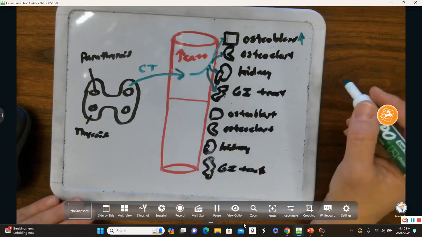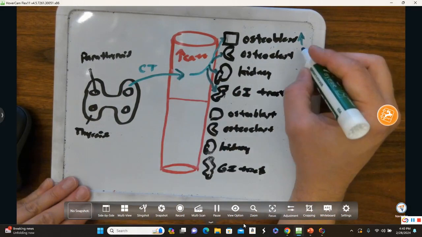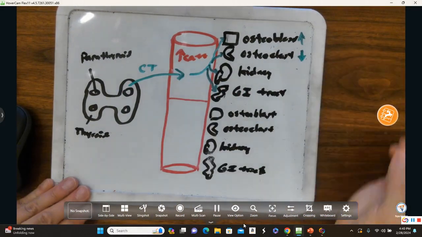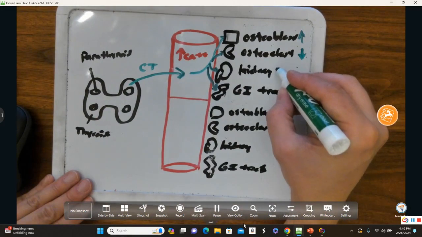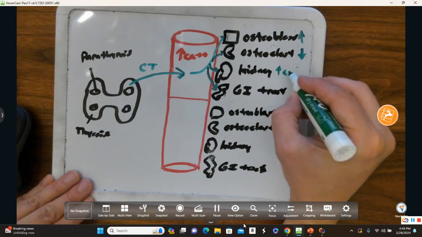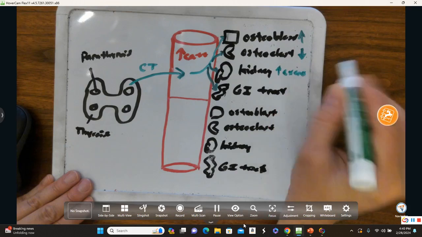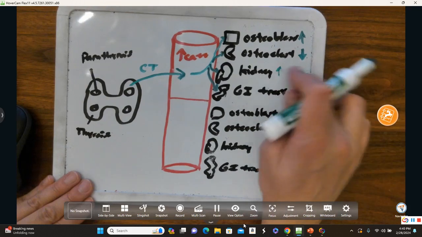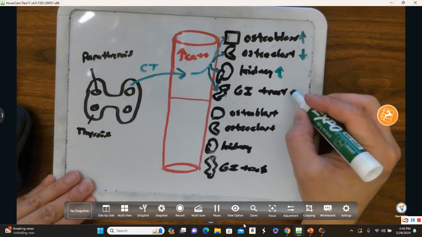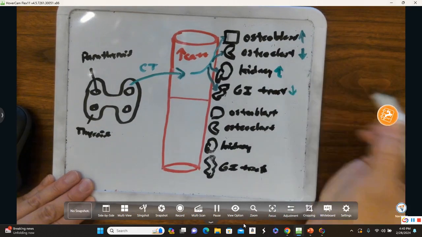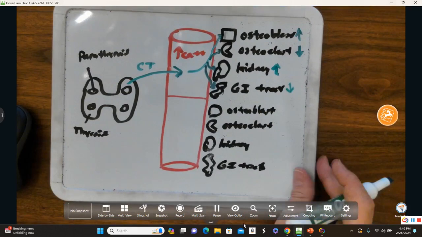Osteoclasts are going to get inhibited, so they stop releasing calcium into the blood. The kidneys are going to increase excretion, and the GI tract is going to decrease absorption.